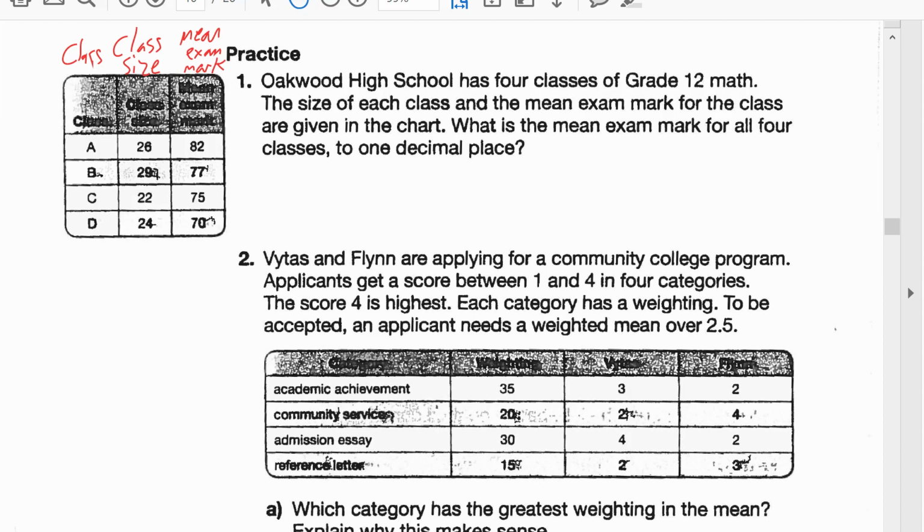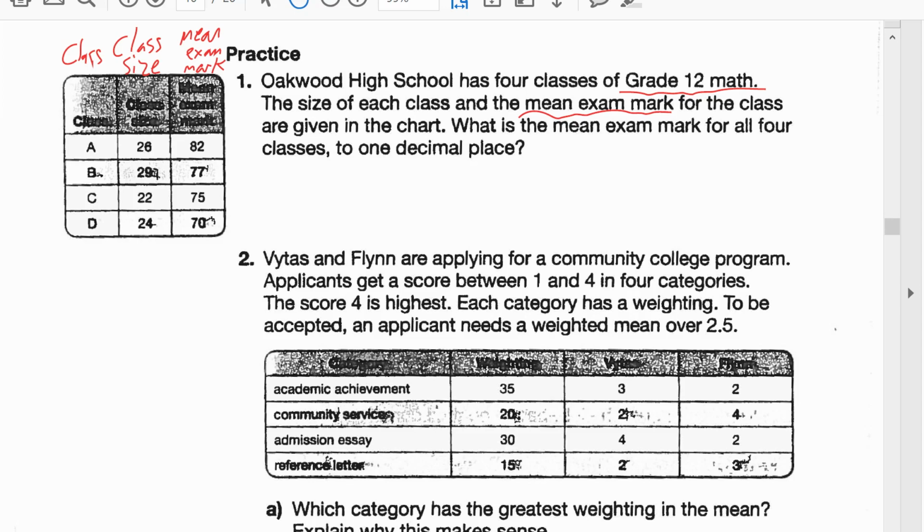Okay, so Oakwood High has 4 classes of grade 12 math. The size of each class and the mean exam mark for the class are given in the chart. What is the mean exam mark for all 4 classes? So not just one, but all 4 combined.